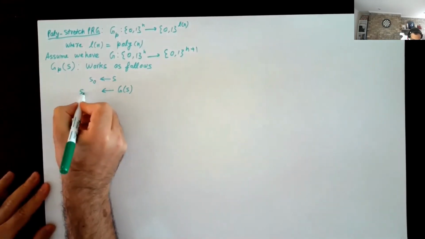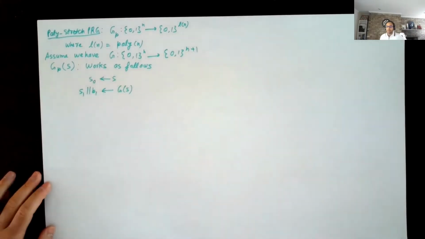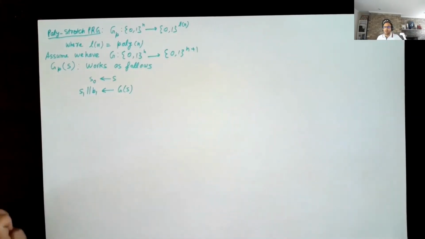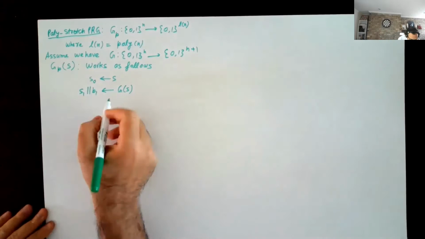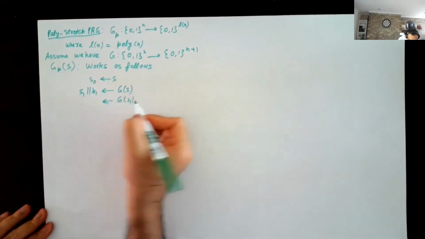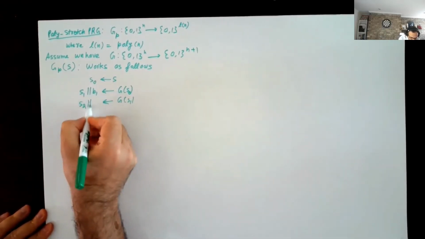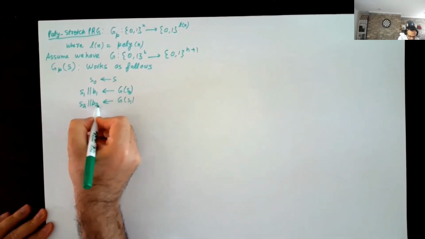That will give us our next seed, which is S1, and an extra bit, let's call it a free bit, which will appear in the output. So we keep B1, and then you apply G to S1. Then you get S2 and B2.